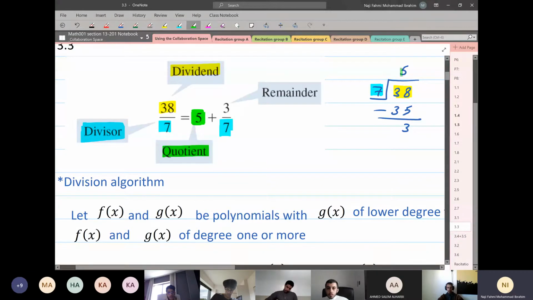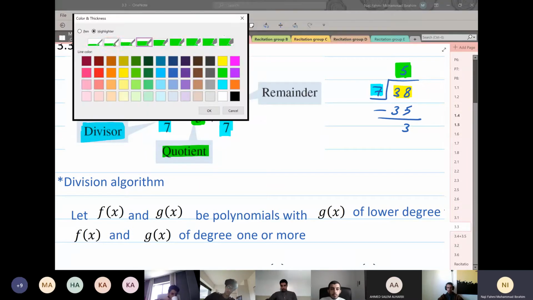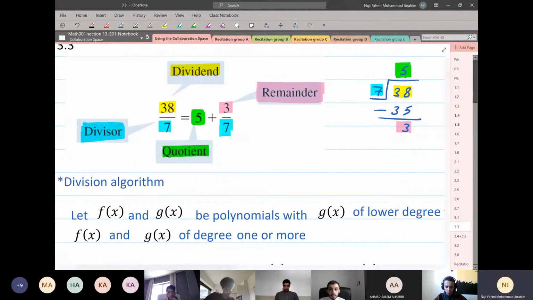This 5 here, we call it the quotient. In Arabic, we call this the ناتج القسم. And what about the 3? This 3 here, we call it the remainder. Remainder in Arabic means al-baqi. So you just need to get used to these names.